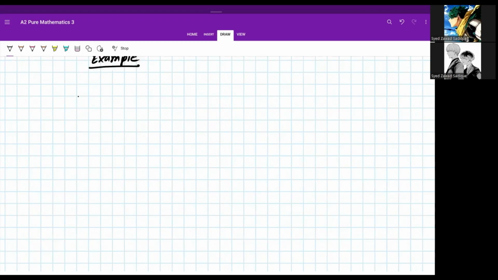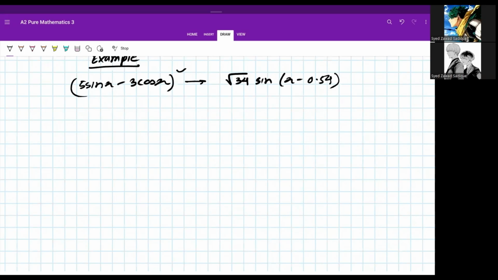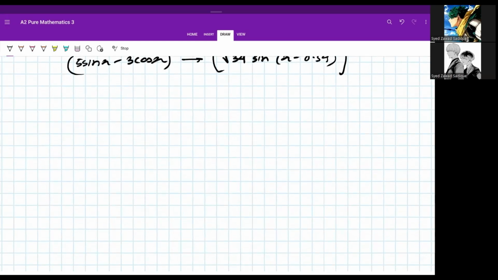Let's give a math. (5 sin x − 3 cos x)², which we found out to be (34 sin(x − 0.54))². Now, we can write this as 34 sin²(x − 0.54) plus 0, as there is no baseline.